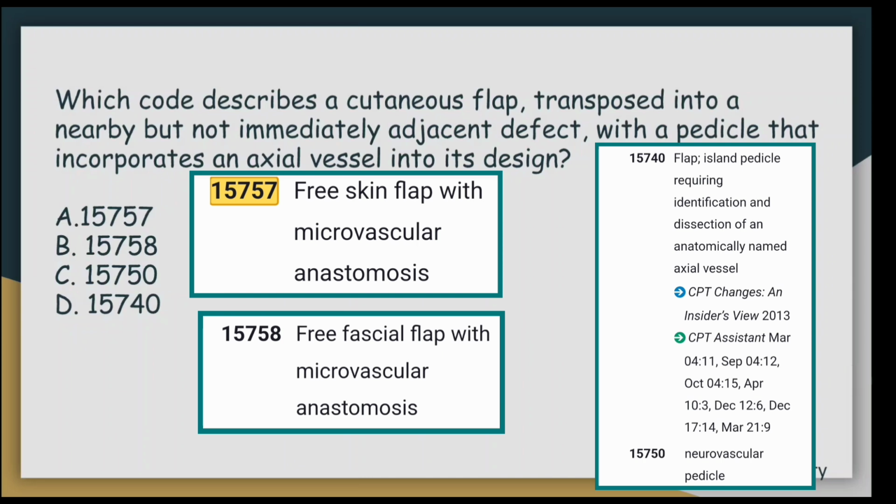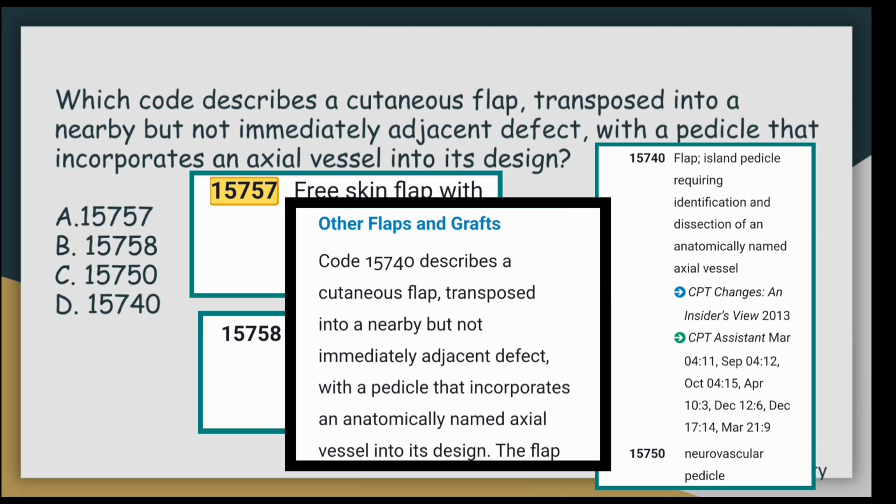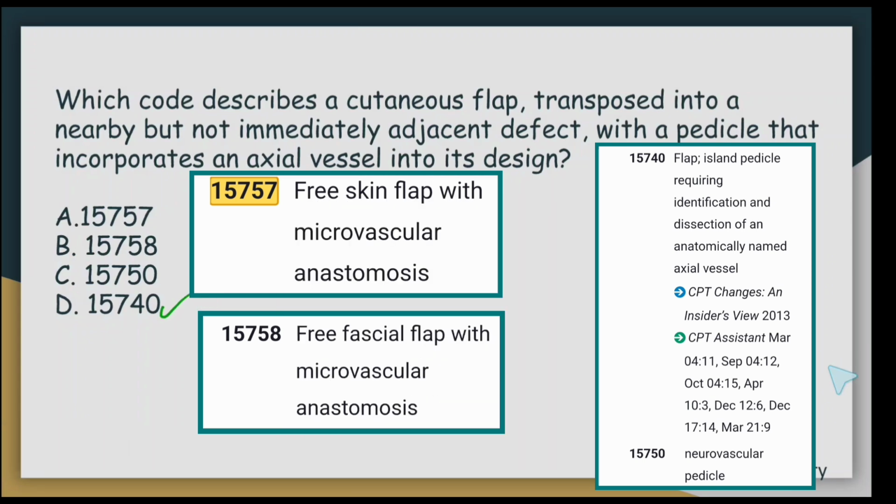To find the right answer, in your CPT manual, page number 104, under the heading Other Flaps and Grafts, in the first paragraph you can see code 15740 describes cutaneous flap transposed into nearby but not immediately adjacent defect with a pedicle that incorporates an anatomically named axial vessel into its design. So that is exactly mentioned in the question, right? Therefore, we are using the code 15740. Option D is the right answer.